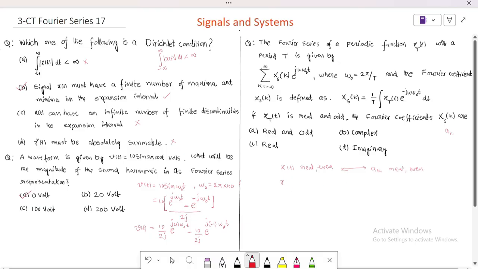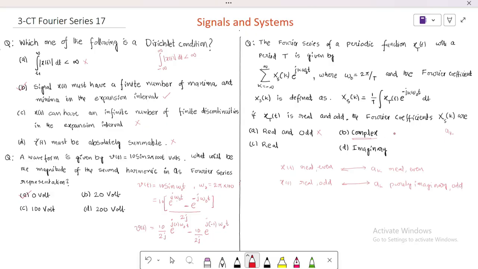If x of t is real and odd, then a k is purely imaginary and odd. So this is the answer. The first option, real and odd, is wrong. Complex, yes.